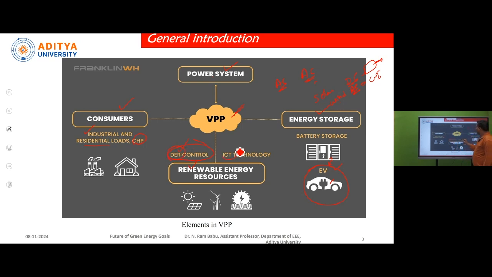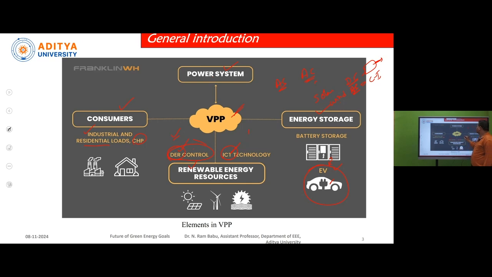Next one is ICT control, ICT technology. ICT means information communication technology. Here, with the help of this ICT, we are transferring signals in such a way that so and so wind system is to be on, or else so and so system with the load is to be on.